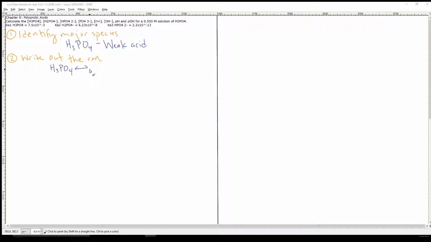Double-sided arrow, and we'll have it release one hydrogen first. That is going to make phosphoric acid become H2PO4 with a negative charge. So notice how it used to be H3PO4, and now it's H2PO4 minus. That's one step. Now there's going to be another step. Take that H2PO4 minus. It'll be the beginning of your next reaction.